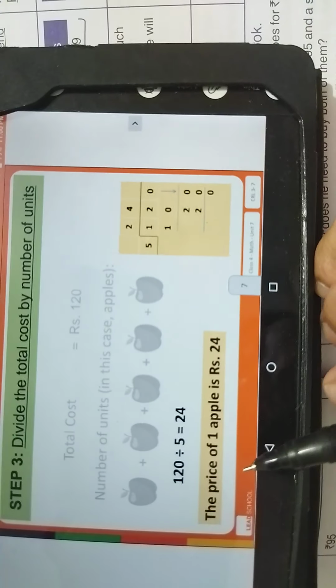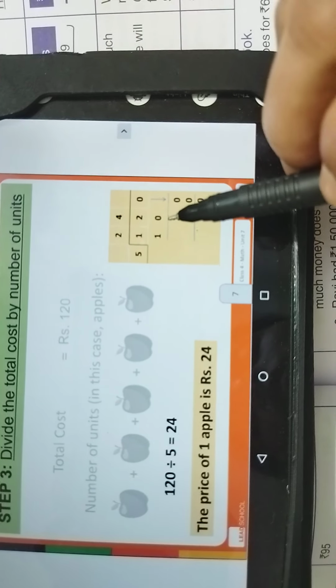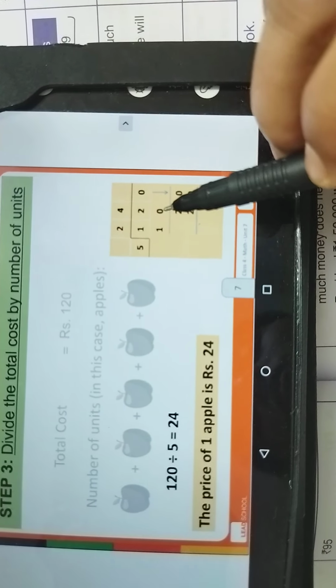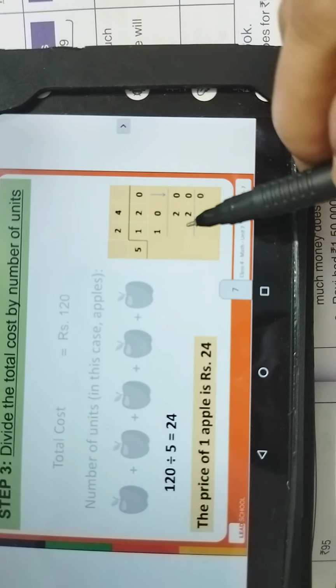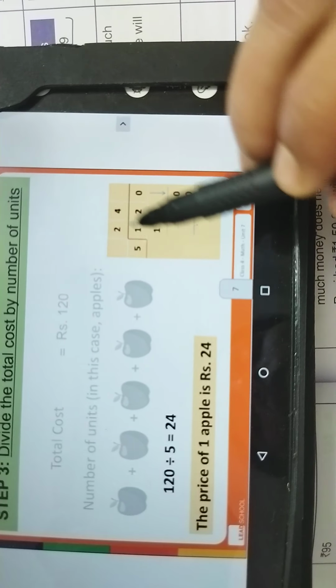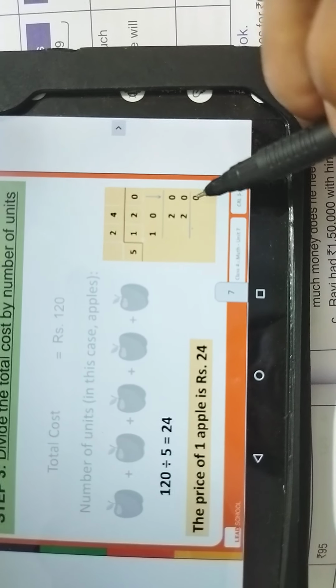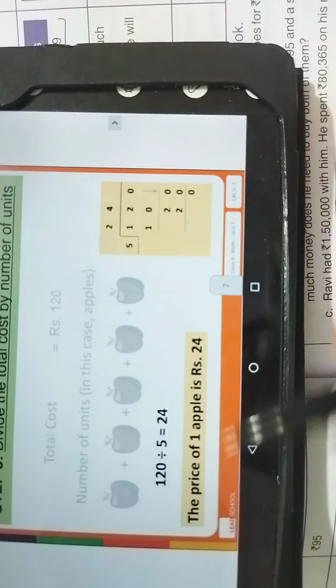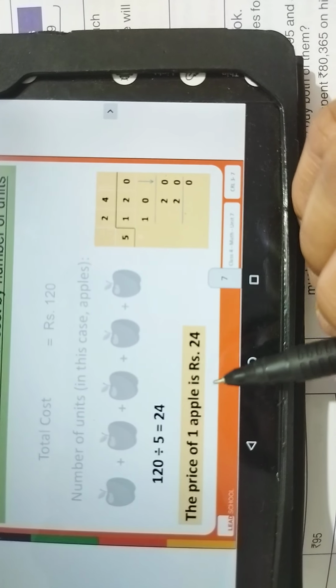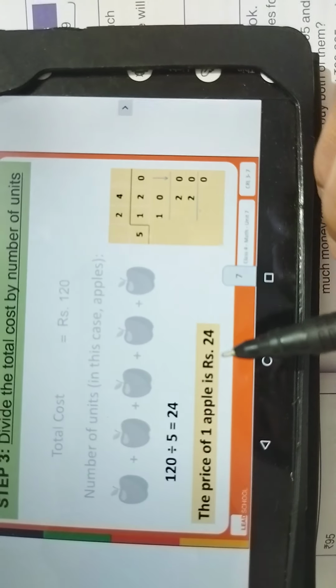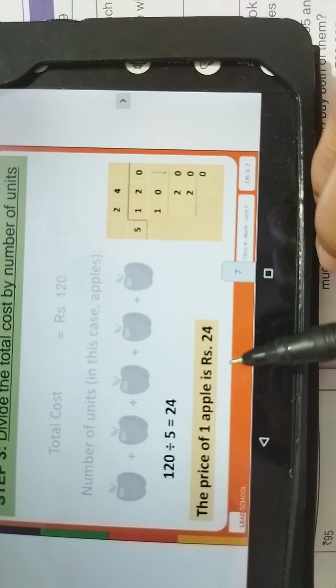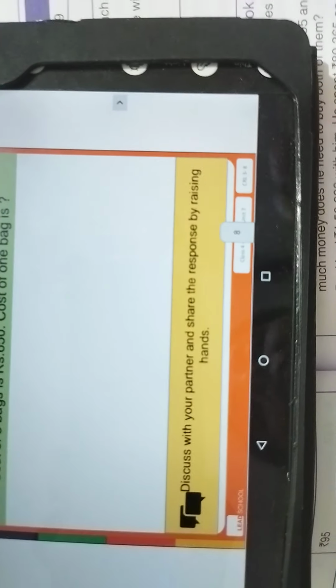So in that, 5 2s are 10, 2 minus 0 is 2, 1 minus 1 is 0, bringing down 0 here. 5 4s are 20. 0 minus 0 is 0, 2 minus 2 is 0. So the price of 1 apple is ₹24.